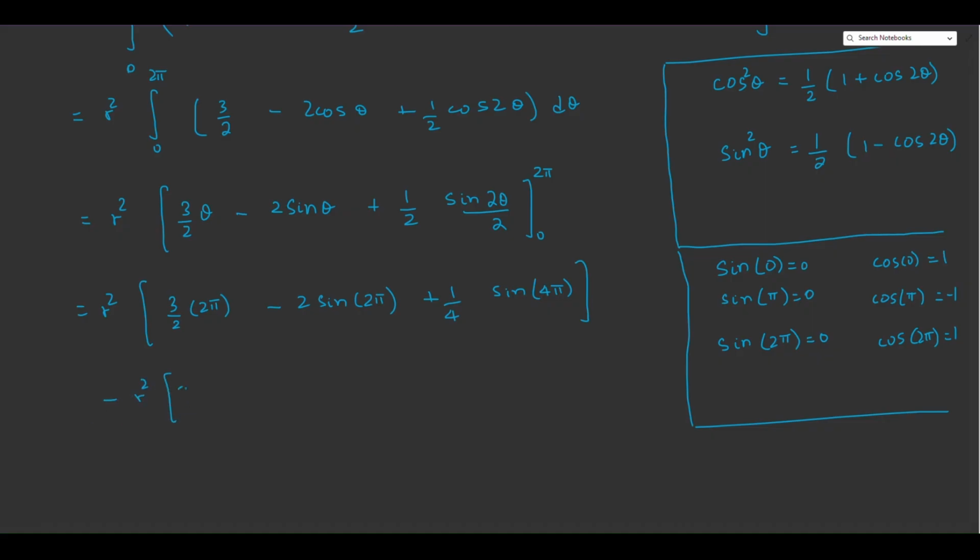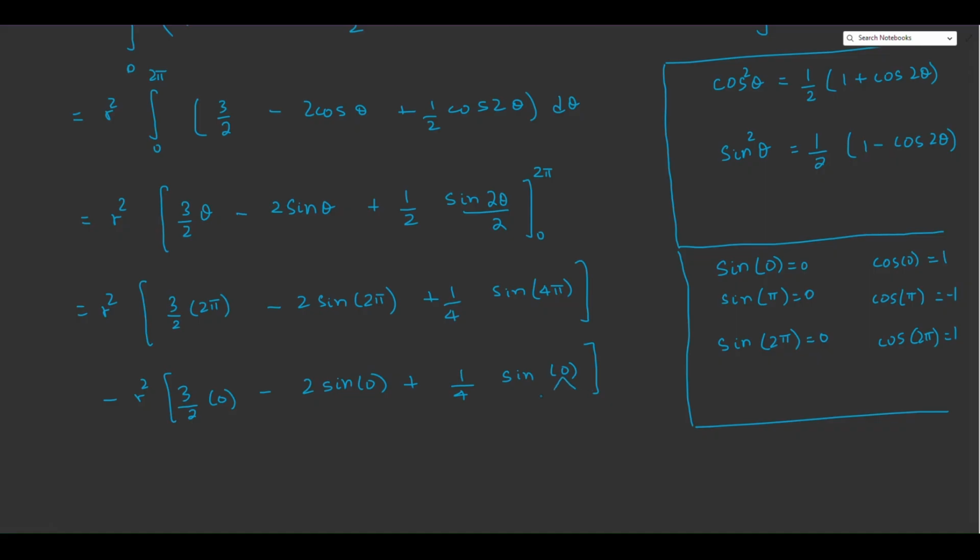When we substitute the lower limit, it will become 3 by 2 multiplied with 0 minus 2 sine of 0 plus 1 by 4 sine of 0.